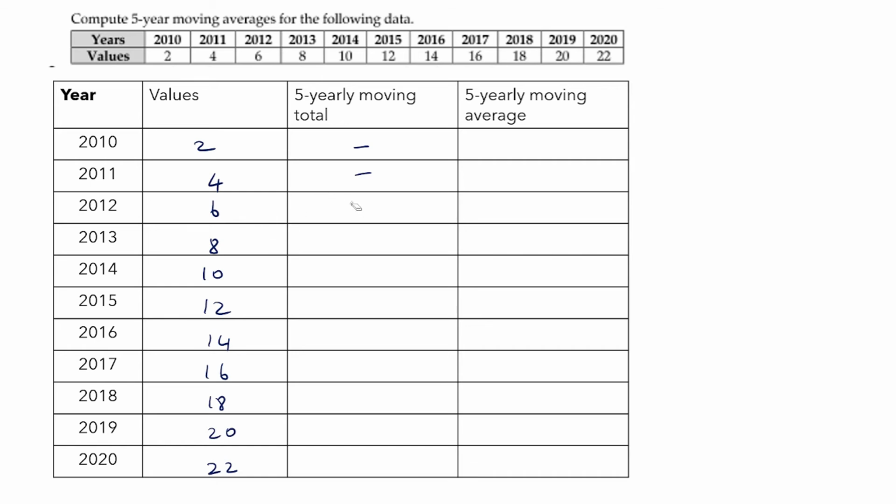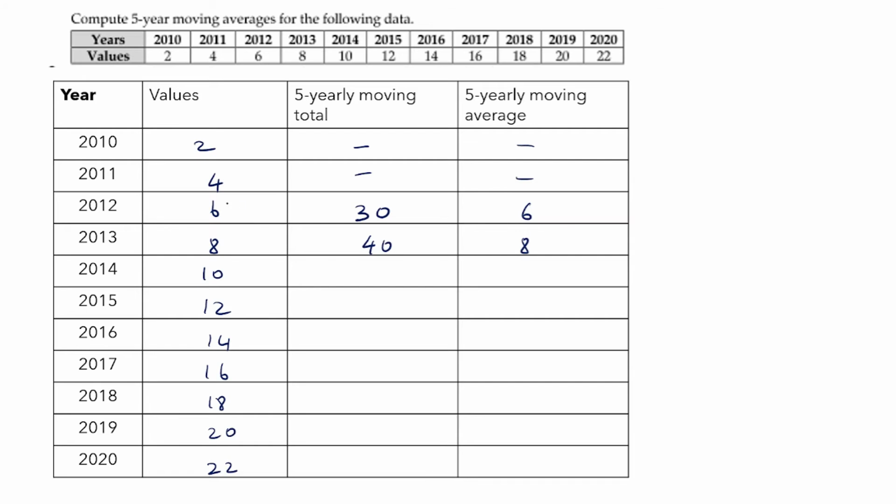So when we add all these we get 30, and the 5-yearly moving average is this value divided by 5, it is 6. Then we have the next 5-yearly moving total, it is the sum of all this. So it is 10, 20, 30, 40. So this is 40 divided by 5 is 8.